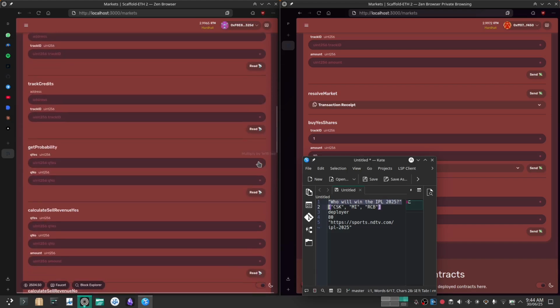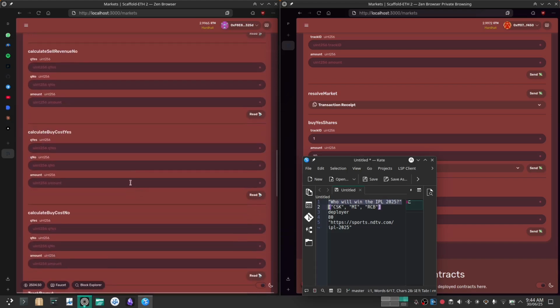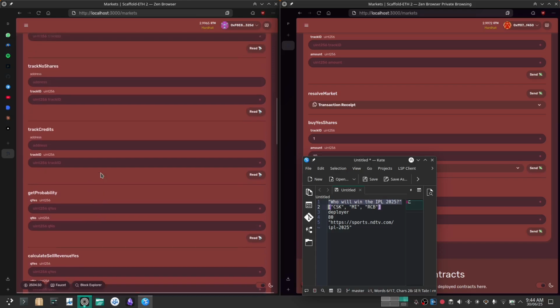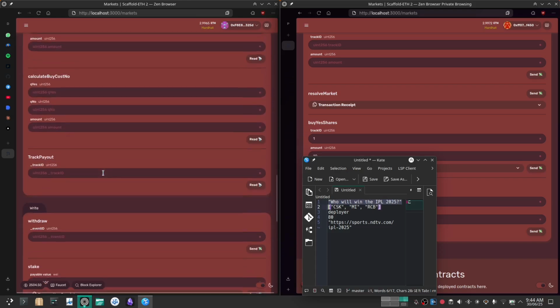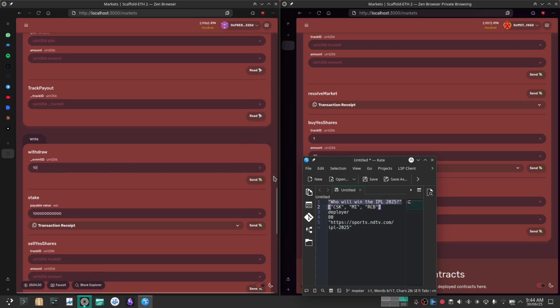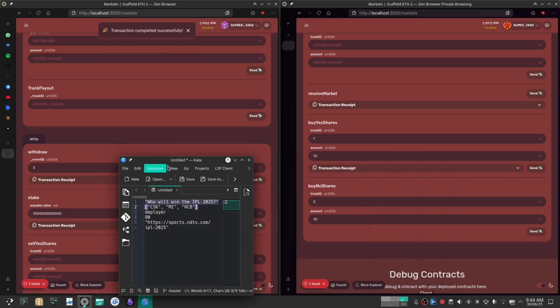Now we can withdraw the funds. Let's say track ones, we get the track one's no shares and track these yes shares.